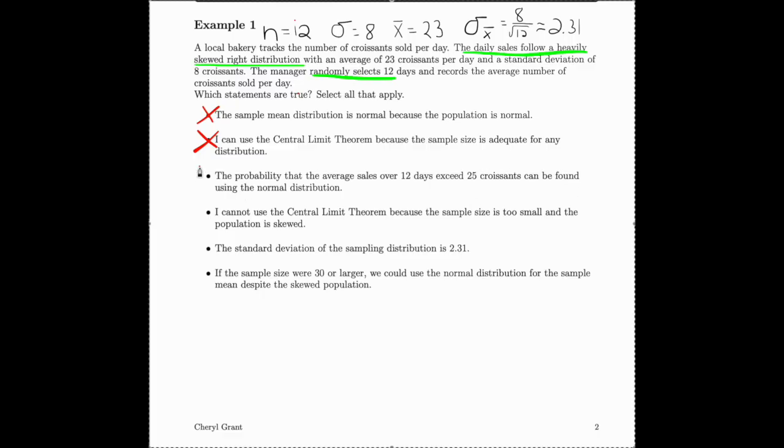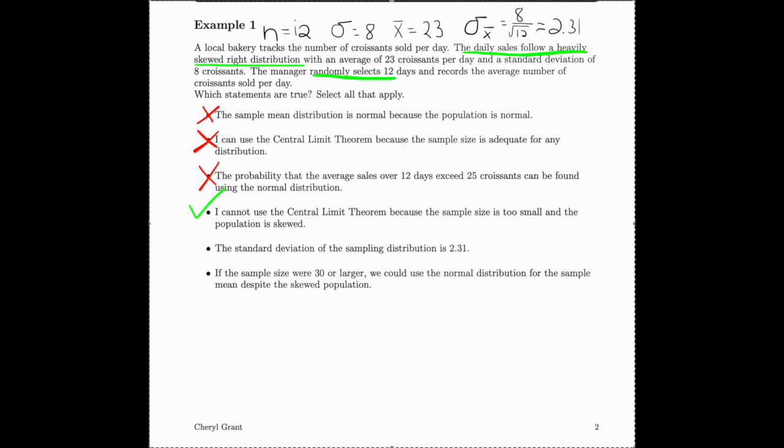So this is also going to be false. All right, the next statement says, I cannot use the central limit theorem because the sample size is too small and the population is skewed. This is definitely correct. This is what we discussed on the reasons why we cannot use the central limit theorem.